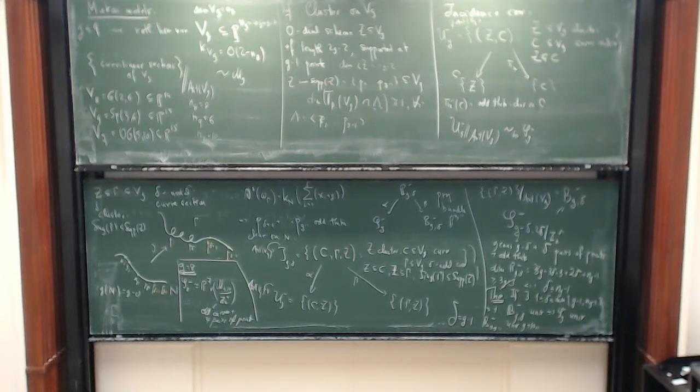So basically, the Iitaka dimension of the canonical system is equal to the Kodaira dimension. I went very fast through this, but all these things have to be used.